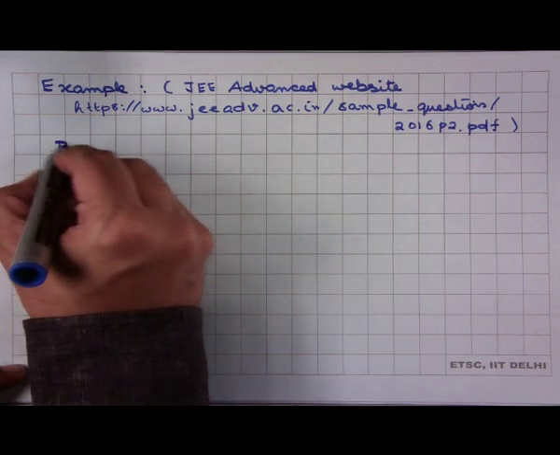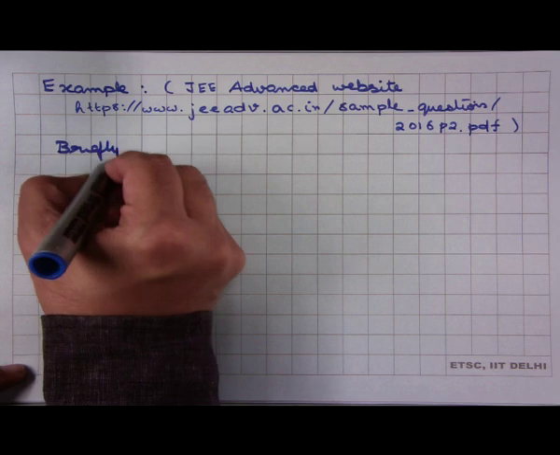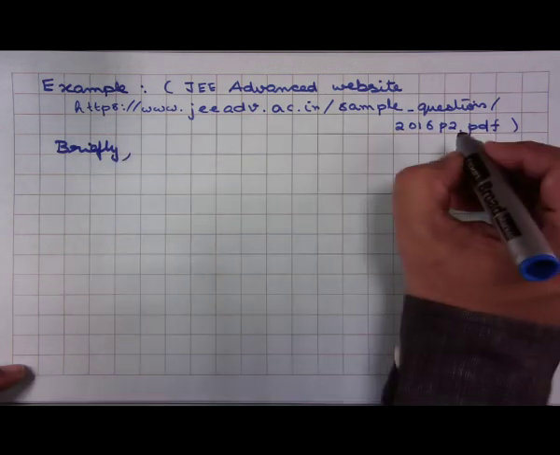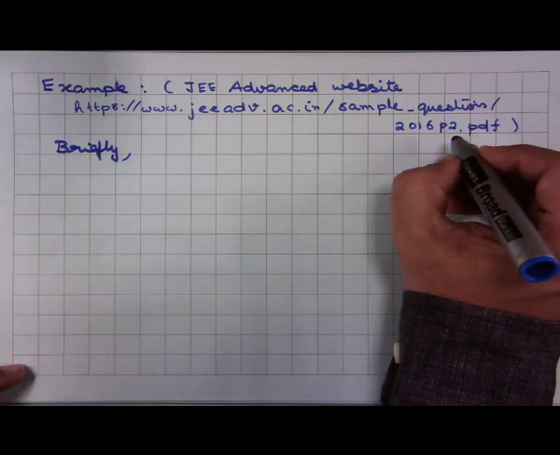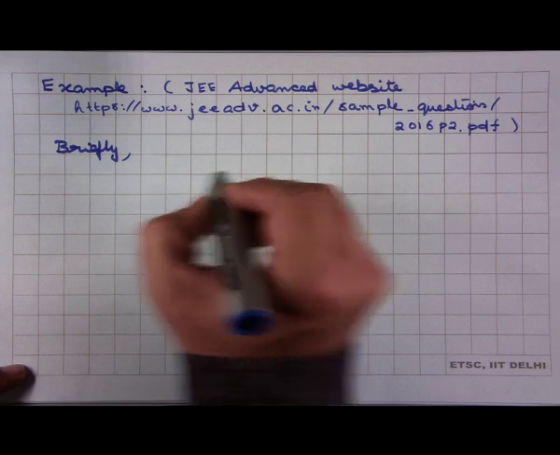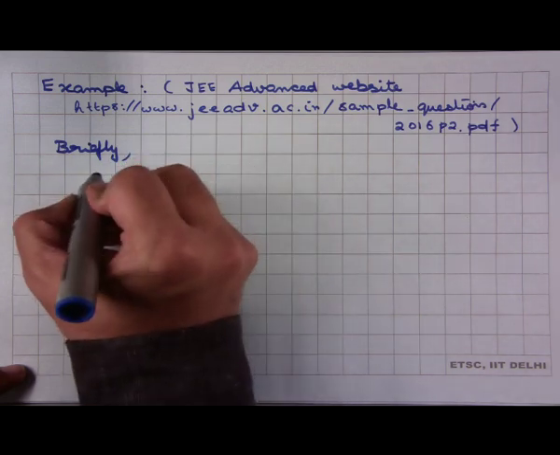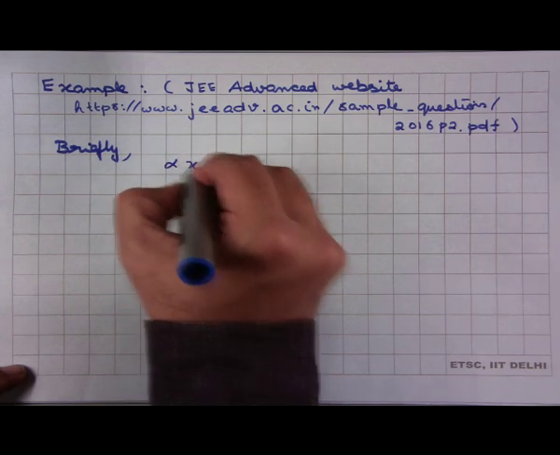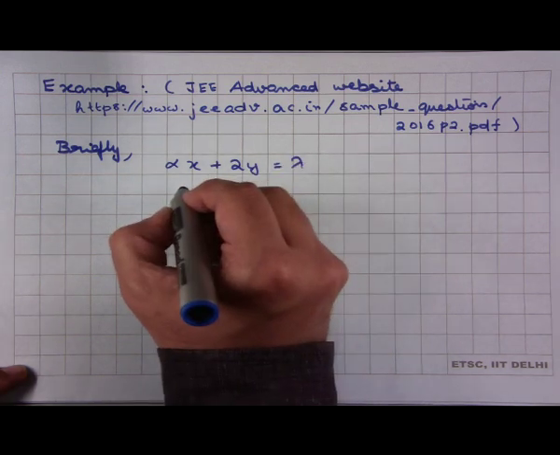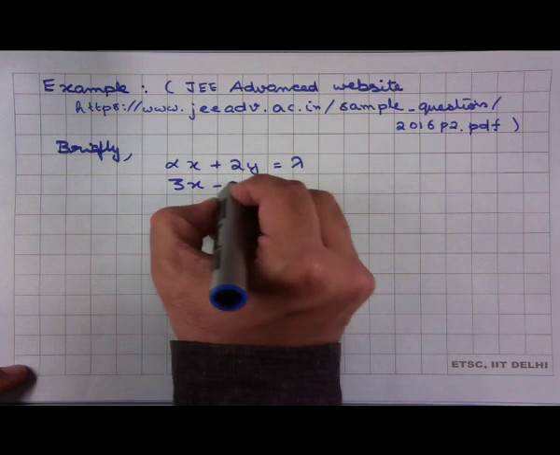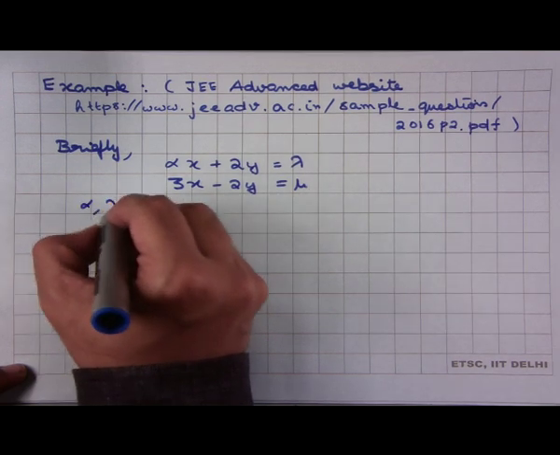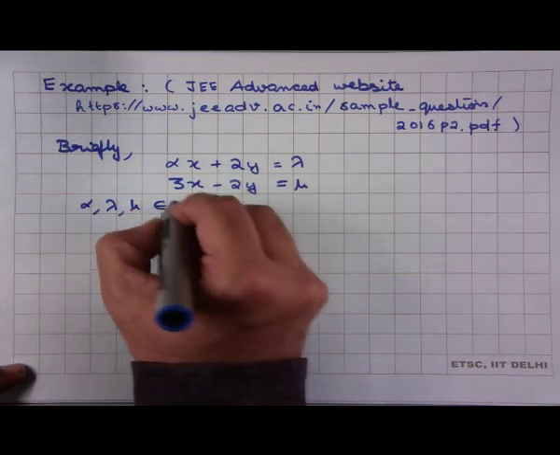For the full statement, one could look up the problem on the website. Here we are going to consider a 2-dimensional system of equations, alpha x plus 2y equal to lambda and 3x minus 2y equal to mu, where alpha, lambda, and mu are real numbers.